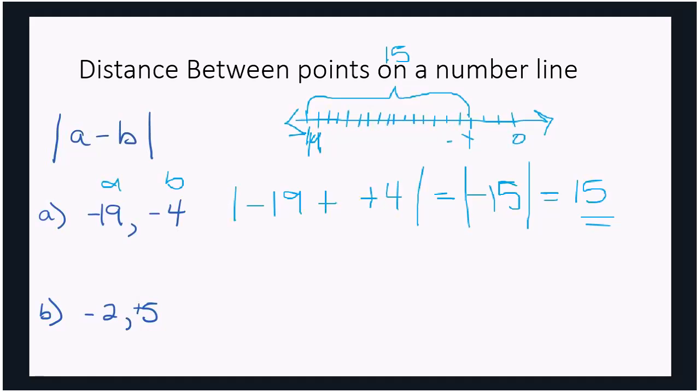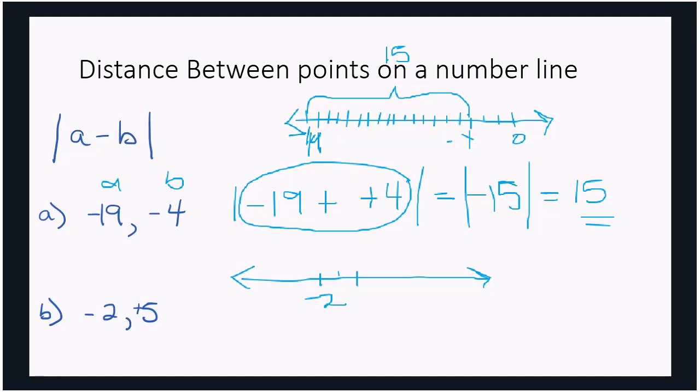The big thing is how you set up inside the absolute value bars. So for B, the distance between -2 and +5, for this one, I could do my number line. So I'm going to do -2, which is here, to +5, 1, 2, 3, 4, 5.